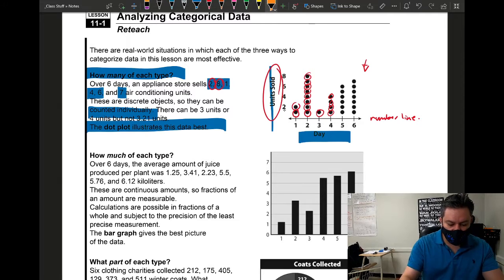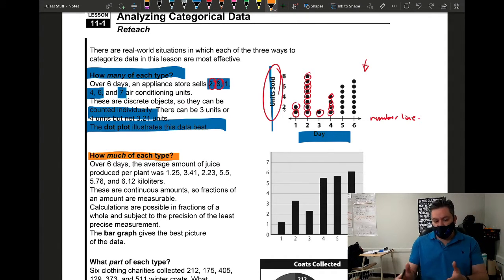Now we're gonna move to how much of each type. In this case, we're gonna be using bar graphs, and we're gonna see what the difference is, okay? So again, it says over 6 days, the average amount of juice produced per plant was 1.25, 3.21, 2.23, 5.5, 5.76, and 6.12 kiloliters. That means thousands of liters.